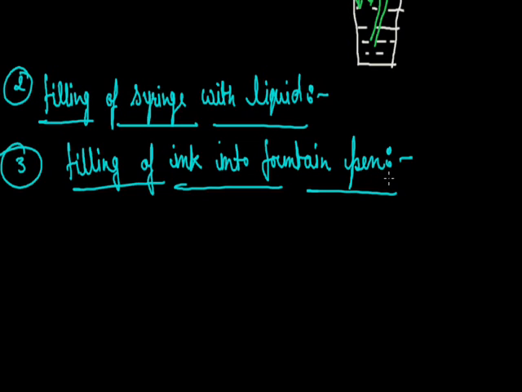When the rubber tube of the fountain pen is pressed, the air of the rubber tube goes out in the form of bubbles through the ink and the air pressure inside the rubber tube becomes less. On releasing the rubber tube, the ink rises into it through the capillary below the nib of the pen because the atmospheric pressure on the ink outside the rubber tube is now more than the air pressure inside the tube.